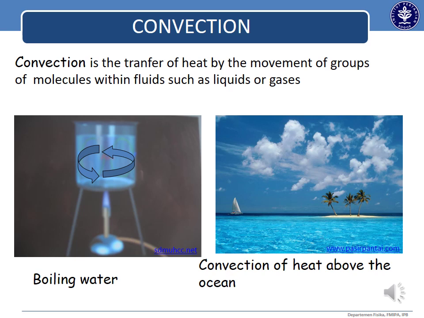When you boil water, the water with higher temperature at the bottom will move to the surface, and the water at the surface will move to the bottom, and we will see this current, the convection current, happen during the boiling process.